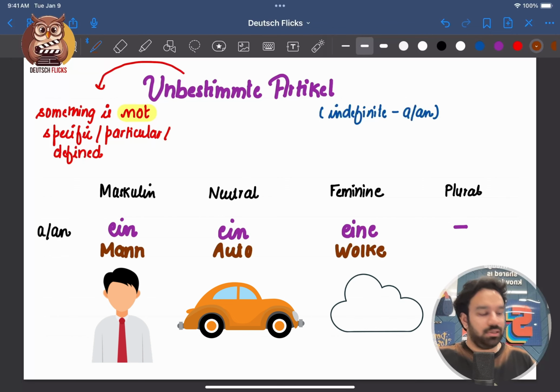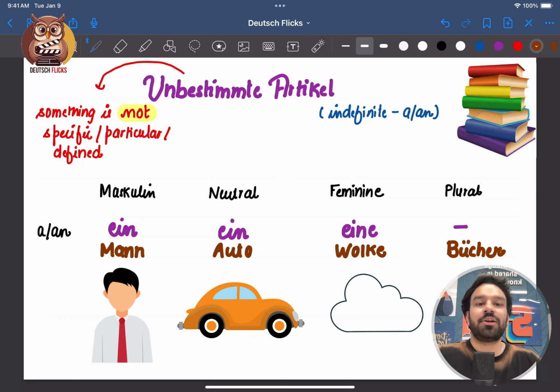For plural, we'll simply say Bücher. So guys, I'm not going to use any abbreviation or short form for eine. It will be as it is. Now before we discuss negative articles, we'll discuss some examples.